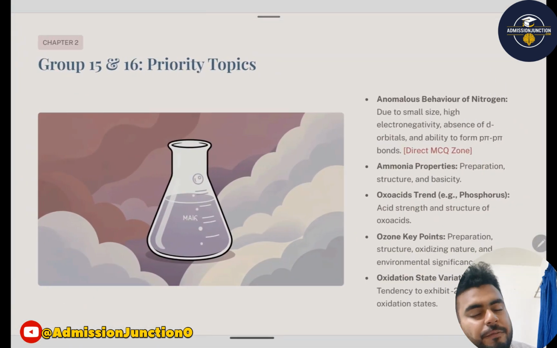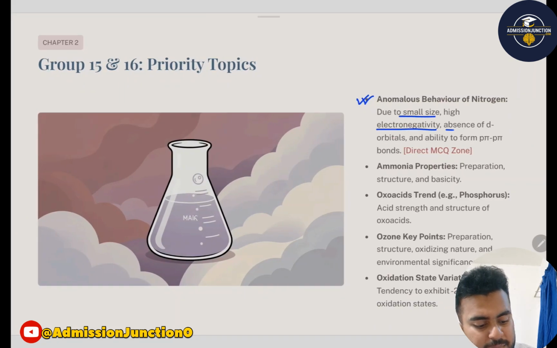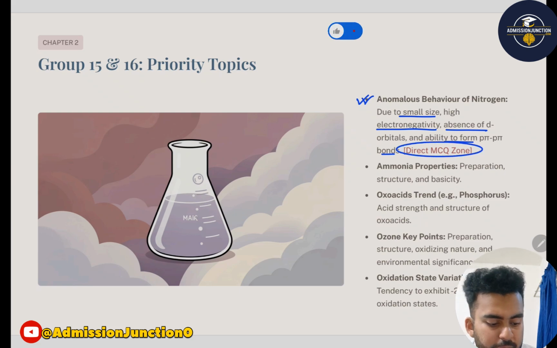Next, group 15 and 16. So let's study something about this. So the anomalous behavior of nitrogen, जो मैंने अभी कहा. So basically, due to small size, high electronegativity, absence of d orbitals and ability to form pπ-pπ bonds, this is basically a direct MCQ zone. Okay.